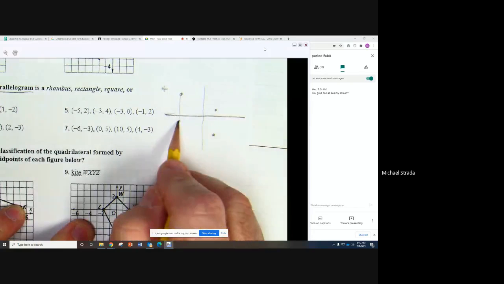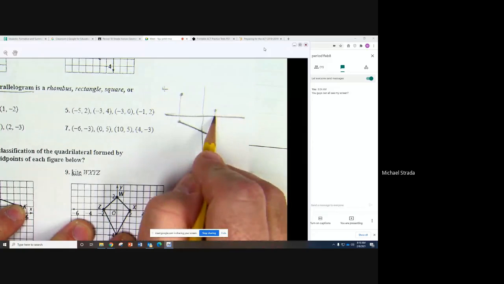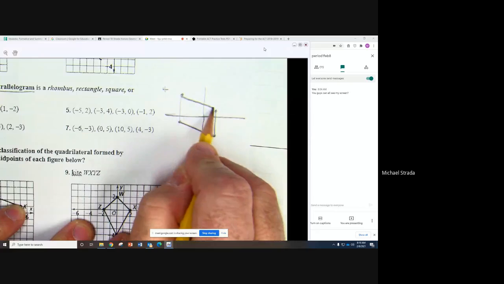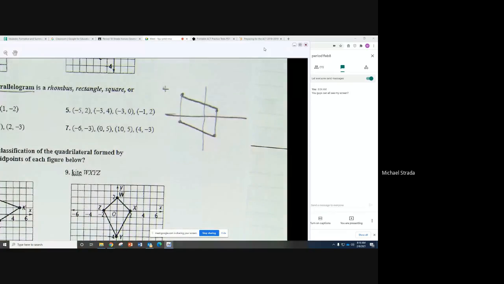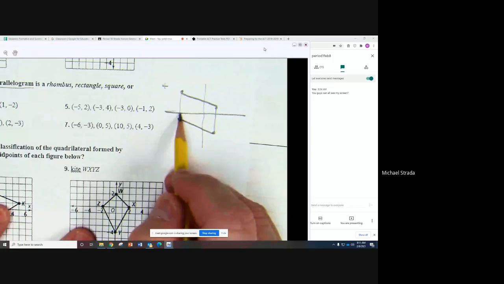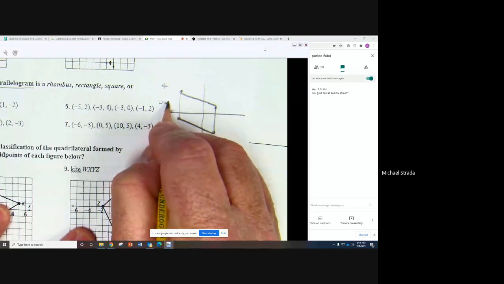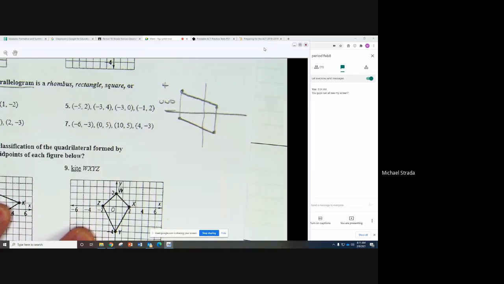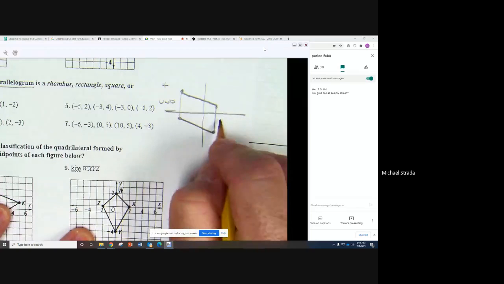I can then connect them. This is a vertical line, ladies and gentlemen. Its slope is undefined. This is also a vertical line. Its slope is undefined.